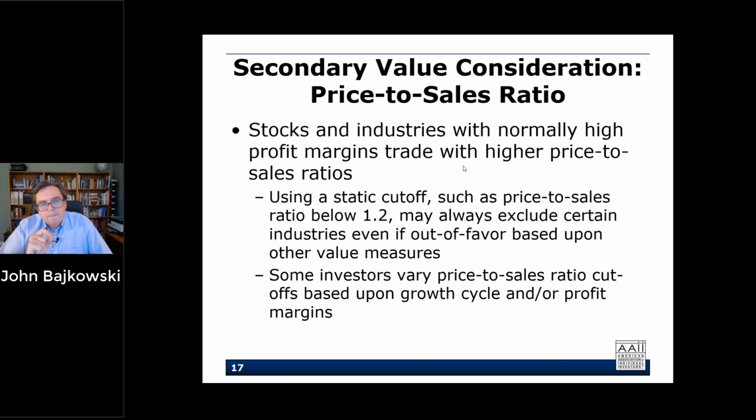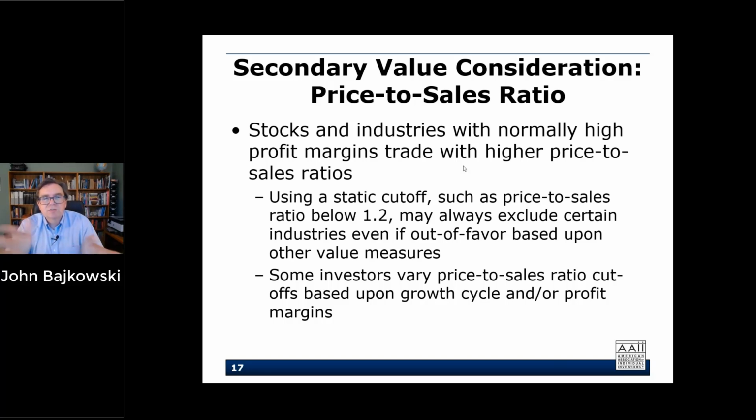So in my personal opinion, if you're going to screen for price to sales, you're much better off looking at a price to sales ratio relative to the industry norm. What we do in Shadow Stock is cut it off at 1.2, and there is a risk that we might exclude certain industries all the time. So that's something worth taking a look at for us in the future.